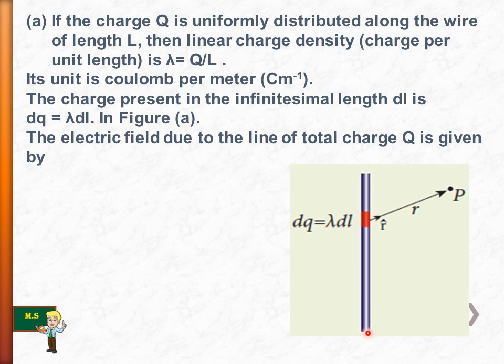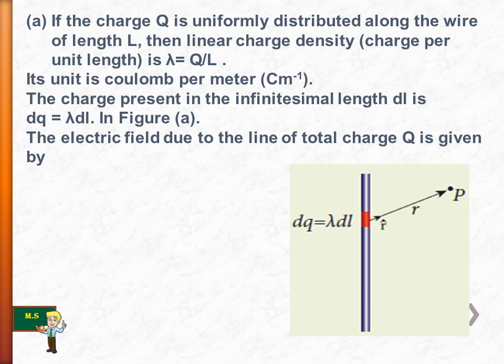That means we don't know the starting point and the end point of the wire. We have dq is equal to lambda del L. Here del L is the length of this particular element. We cannot find the total length, so we find only for a unit distance.